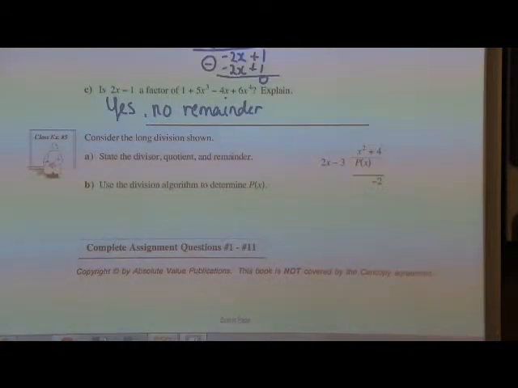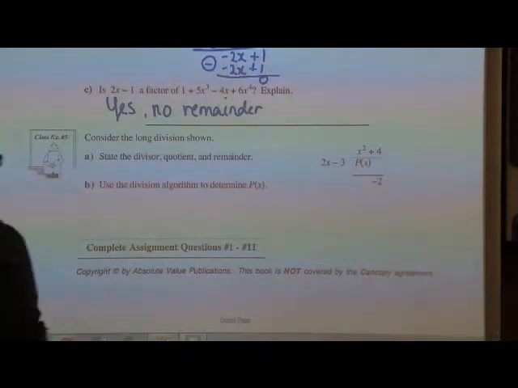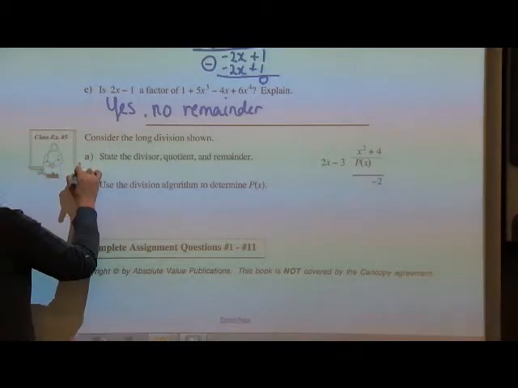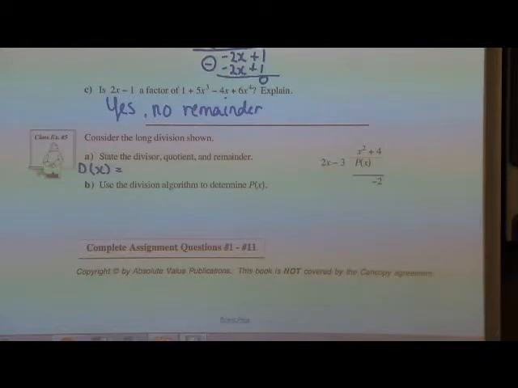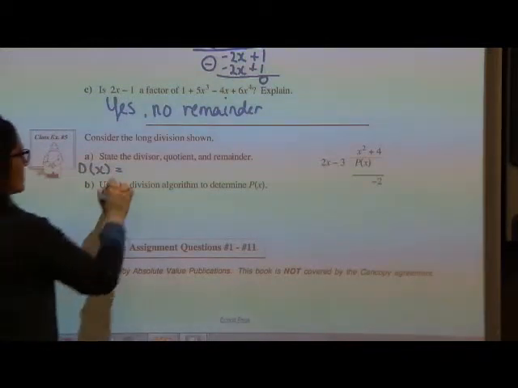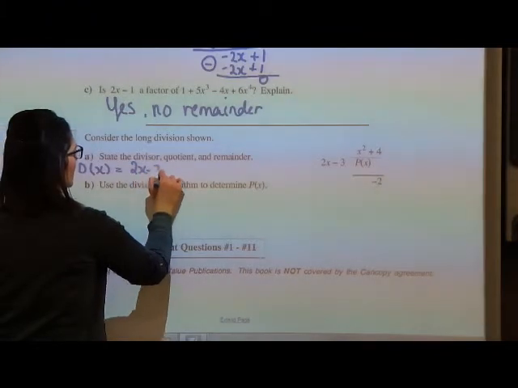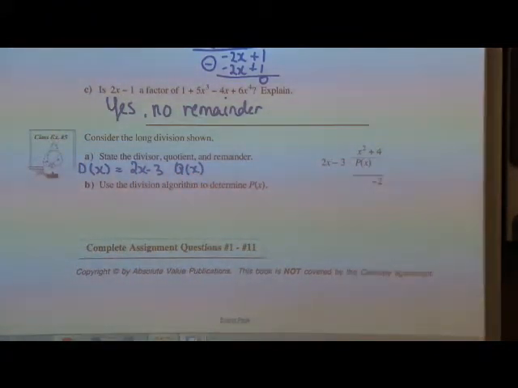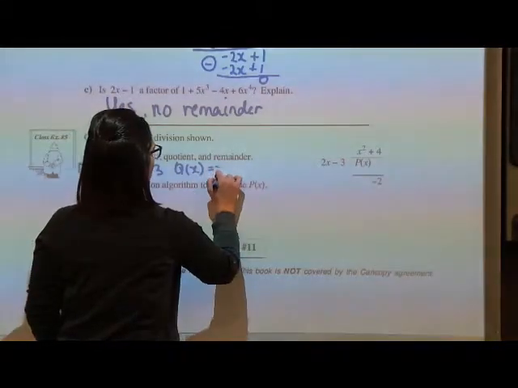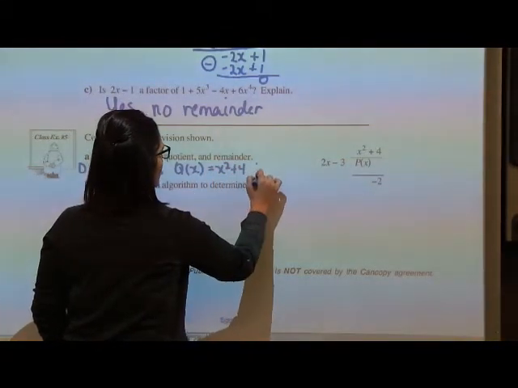So if we look at class example number 5, it says consider the long division statement. What is the divisor? What would d of x be? What's the quotient? And what's the remainder?